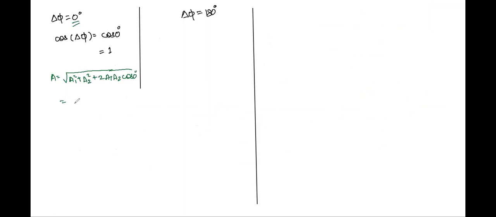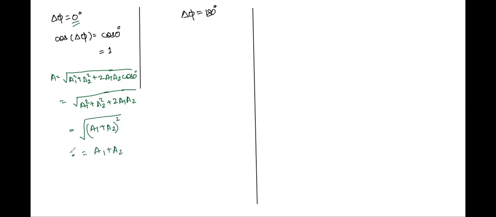What will it give us? Tell me, Karuna. Root of a1 square plus a2 square plus 2a1 a2. This is the expansion of a1 plus a2 whole square, right or wrong? And then root over it will give you a1 plus a2.